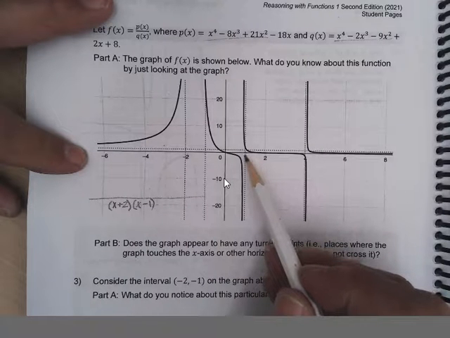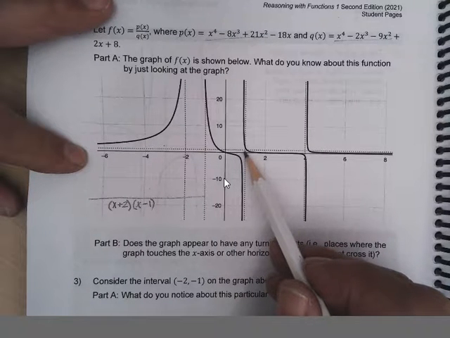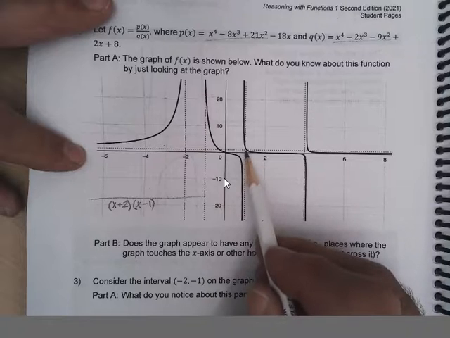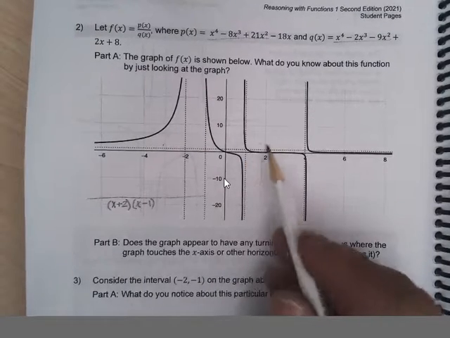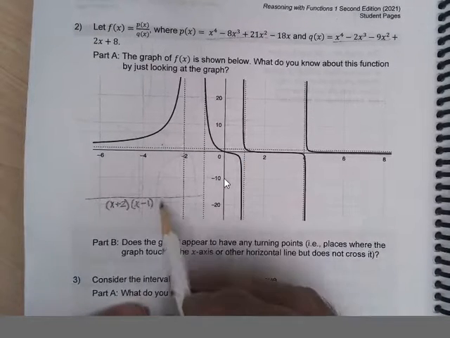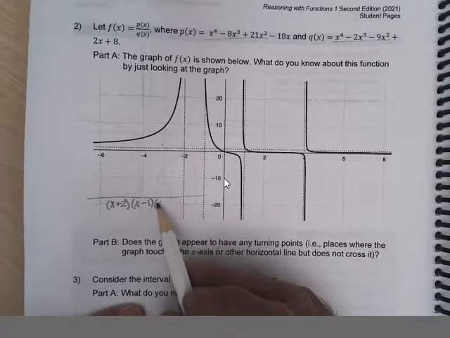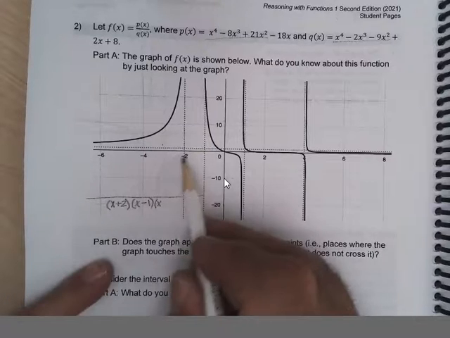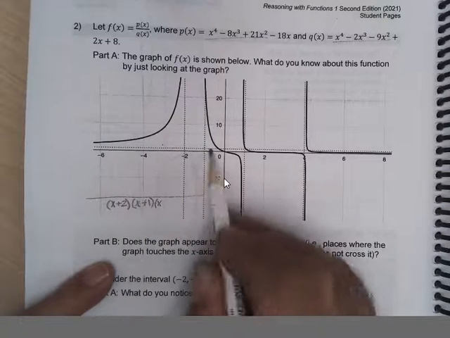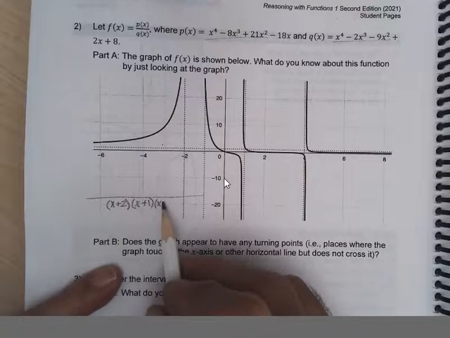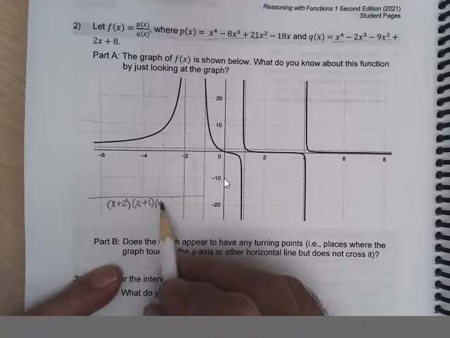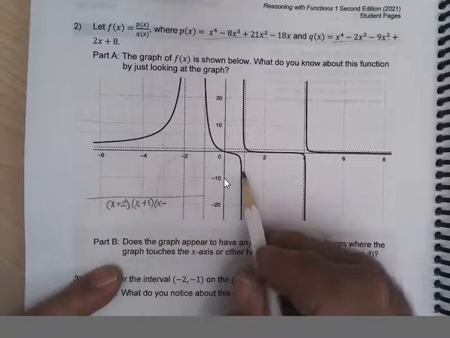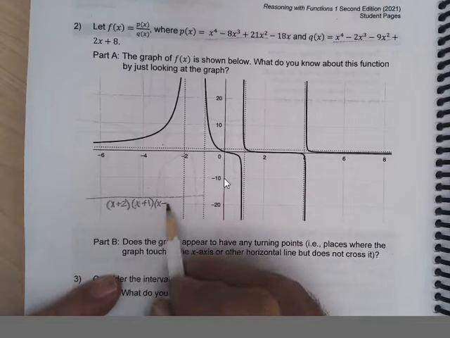Looks like there's a vertical asymptote at about 1. Looks like it's just before 1. So I'm not sure what that is, but at -2, so it's plus 2, at -1, it's plus 1, and at x minus maybe 0.9 or something like that.